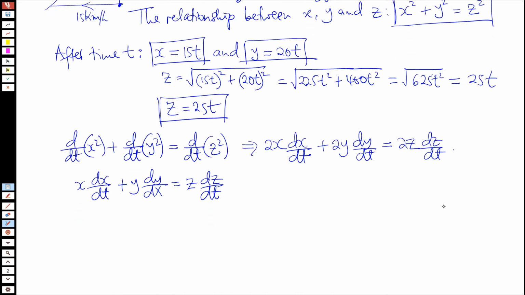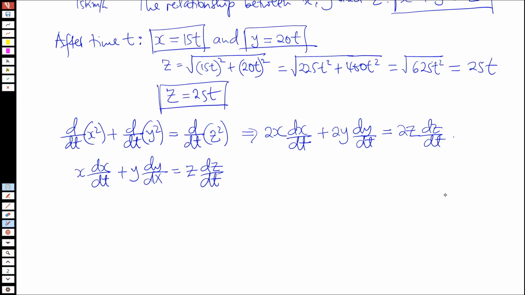So what you're going to do next is substitute all those into this equation. So we'll end up with 15 multiplied by 15t plus 20t multiplied by 20 equal to 25t multiplied by dz over dt.